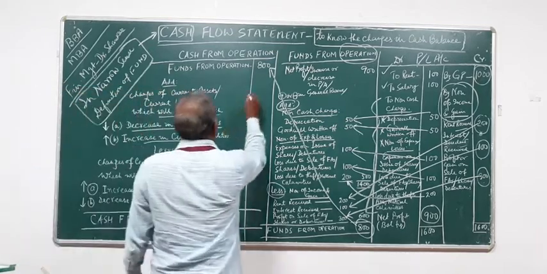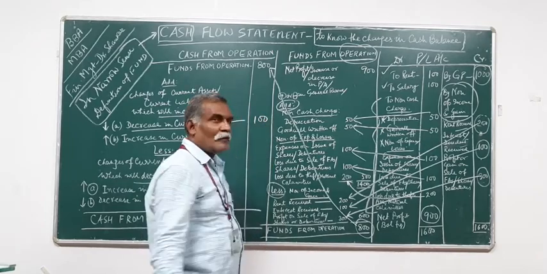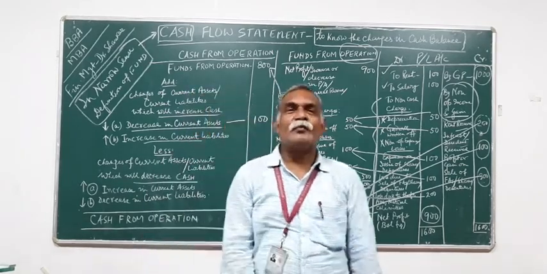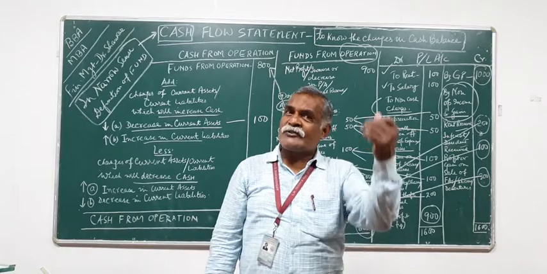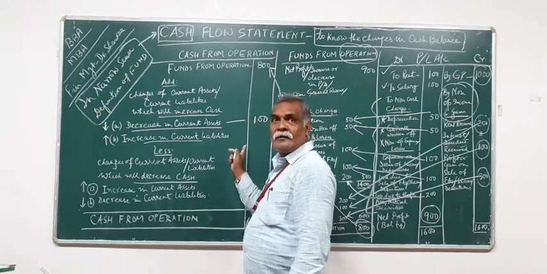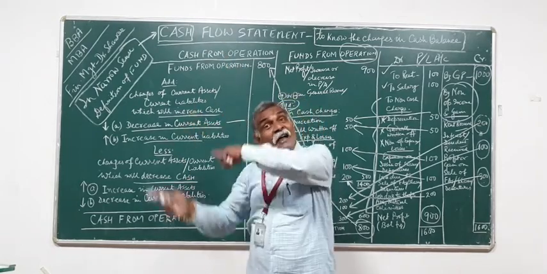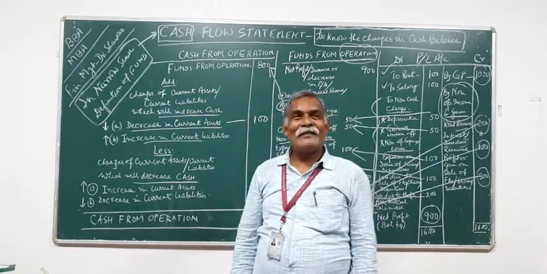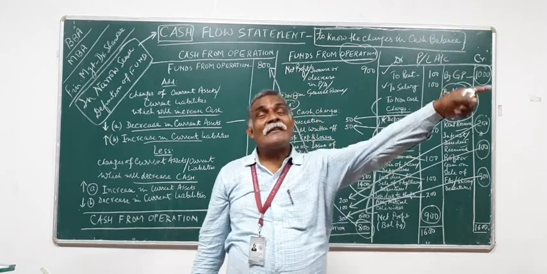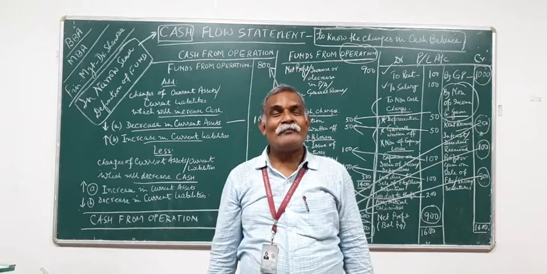Suppose the decrease of current assets is 100. And because current assets decrease, the cash position increases, so we have to add. These are the items of current assets which we considered in the fund flow statement in the schedule of change in working capital.